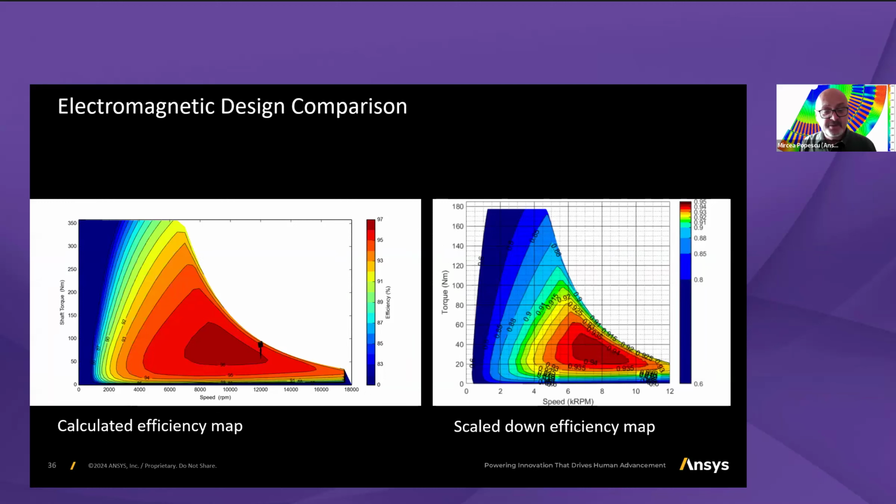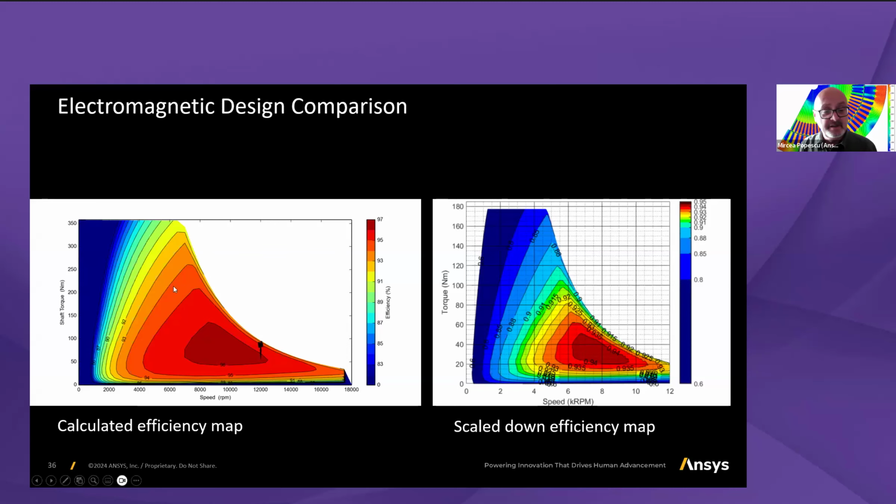Now, from the performance point of view, you can see the calculated efficiency map on the left. And on the right, when prototyping was decided to be approached, was a scaled down efficiency map for a machine that is smaller.